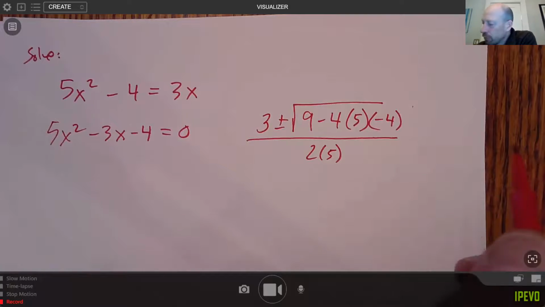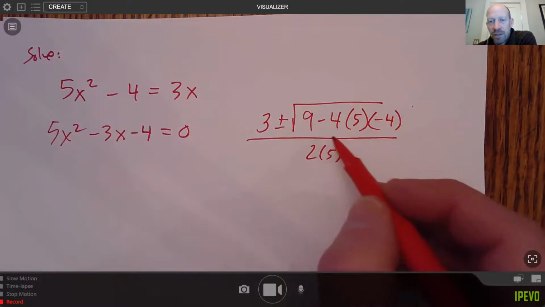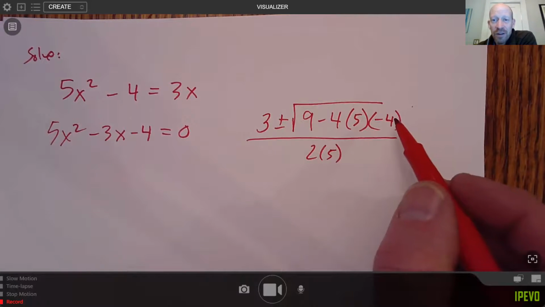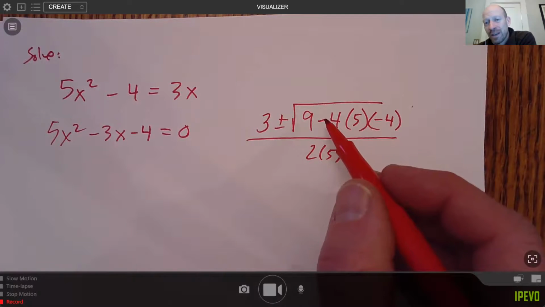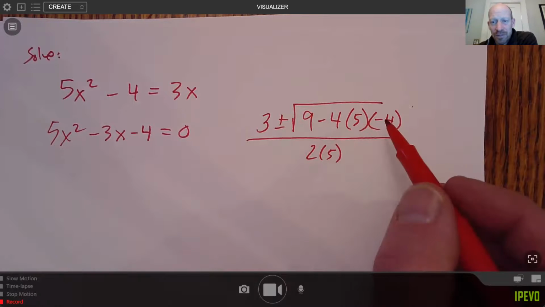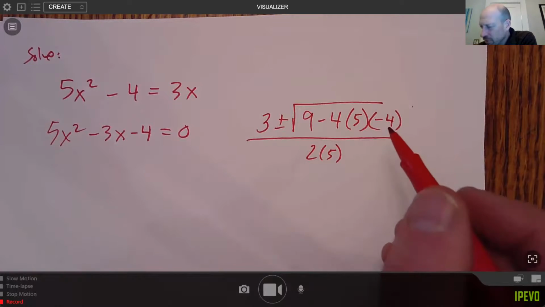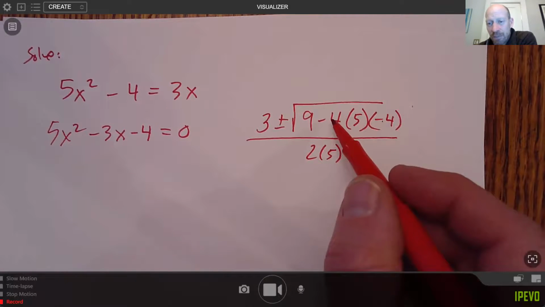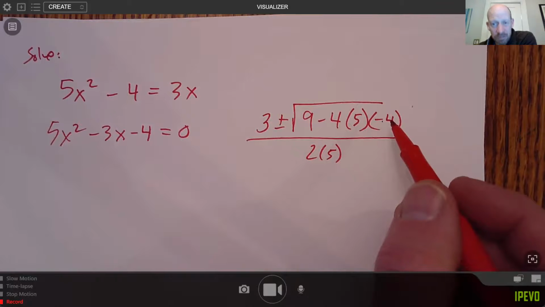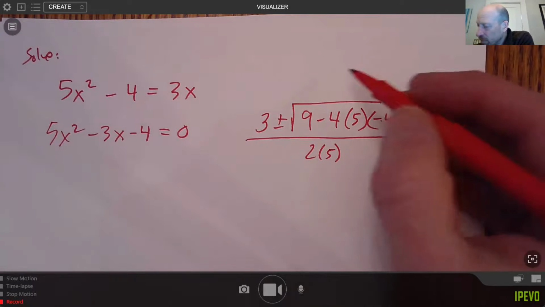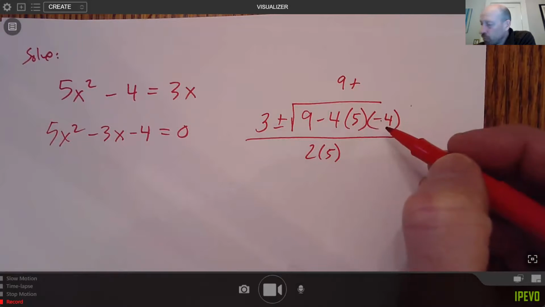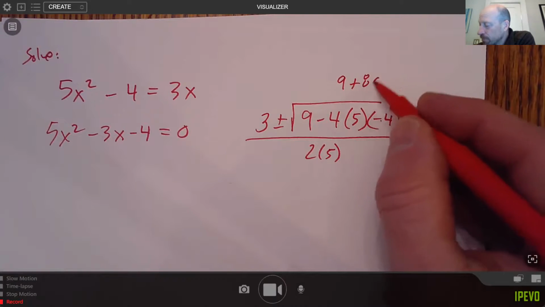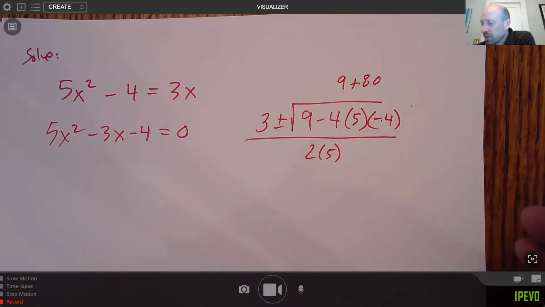Be very careful about the sign here. A lot of the errors I see from quadratic formula problems, people mess the sign up. They end up with a positive when it should be a negative, or a negative when it should be a positive. So when I do this one, I think right away, okay, minus and minus, that's going to be a positive. So I know this is going to be 9 plus, this is 20 times 4, which is 80. So that's going to be 89.